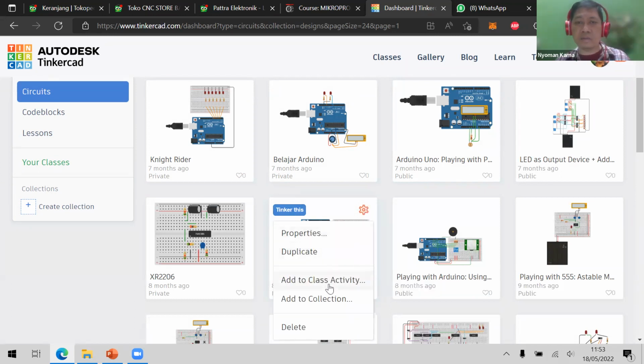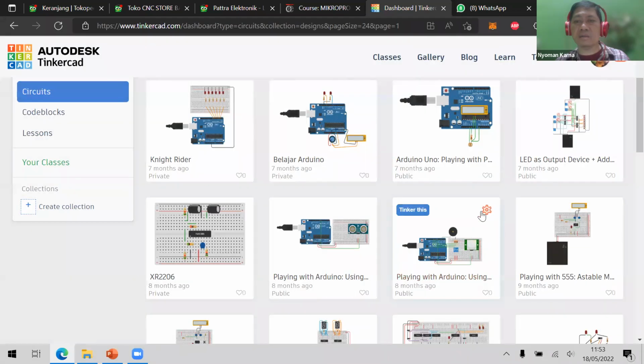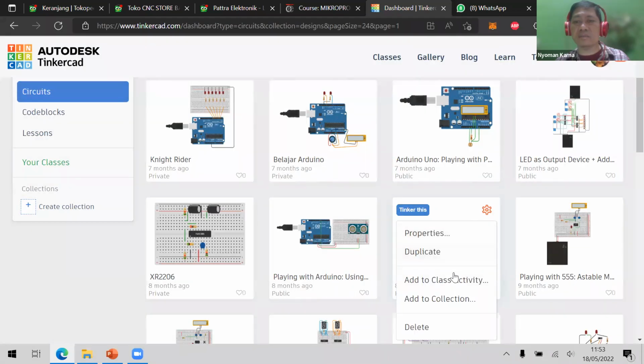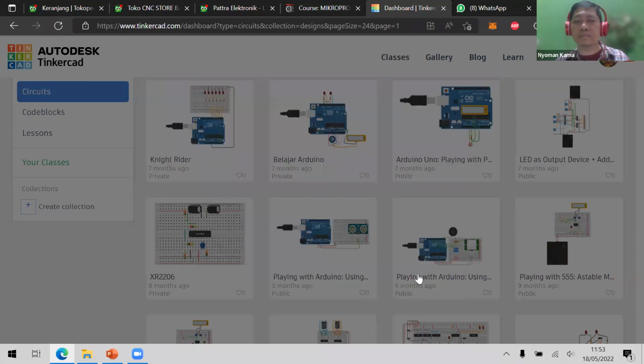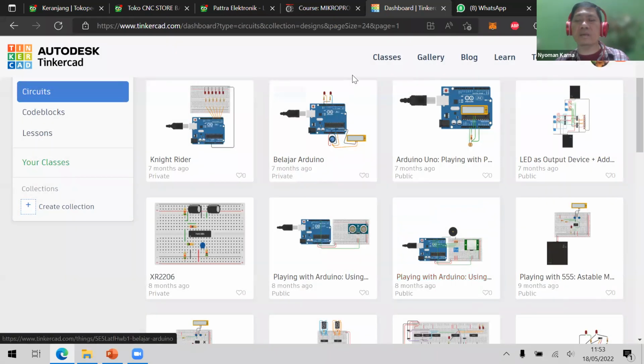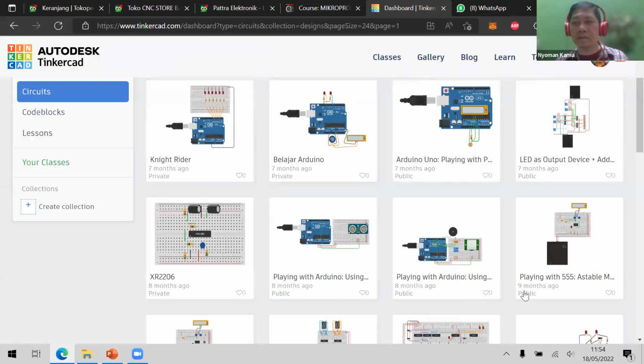Let's try to add to the class activity. Design, and also this one for the PIR sensor. And then also the DC motor.